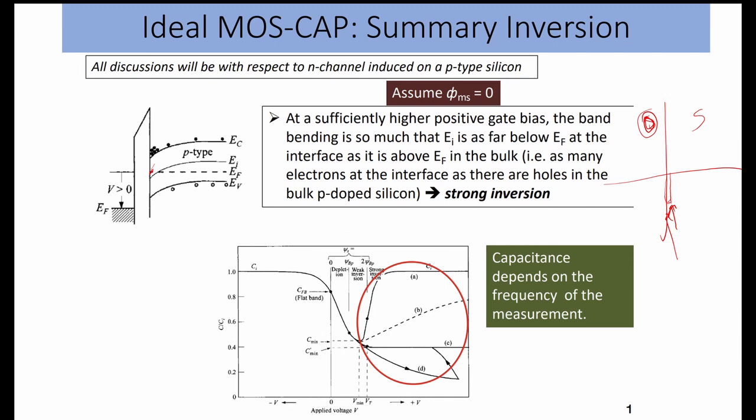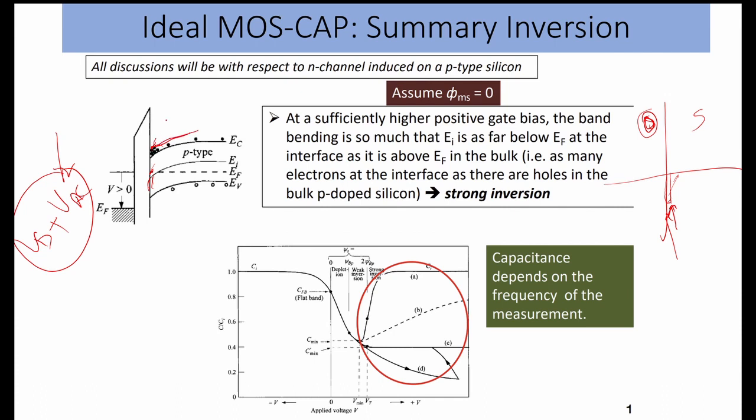So as we apply VDC plus VAC, the small signal that we apply at this junction, more and more electrons will come here.